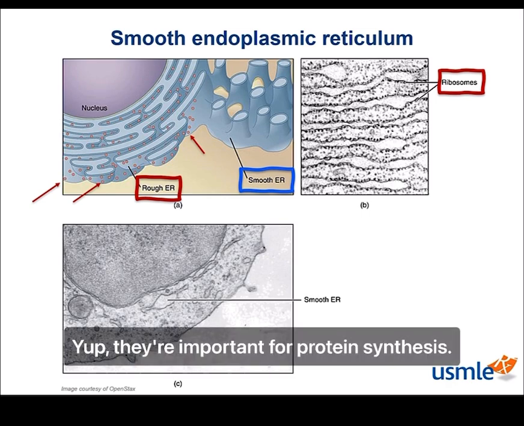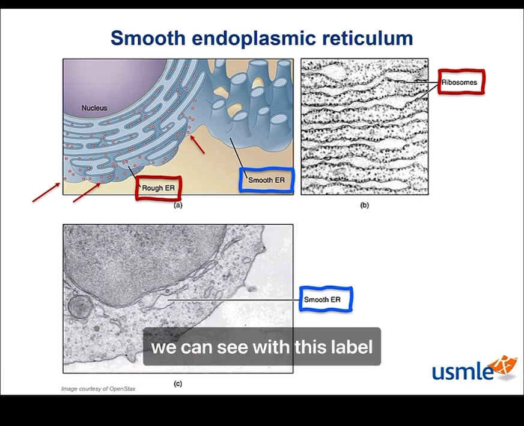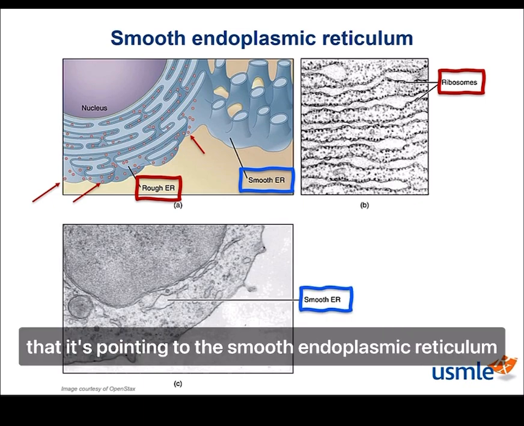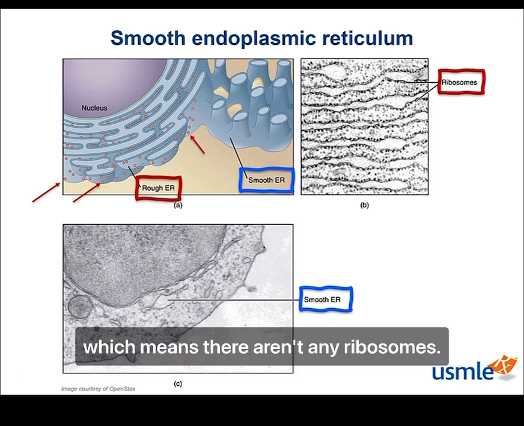Yep, they're important for protein synthesis. So if we look at the lower image of an electron micrograph, we can see with this label that it's pointing to the smooth endoplasmic reticulum that doesn't have a bumpy surface, which means there aren't any ribosomes.